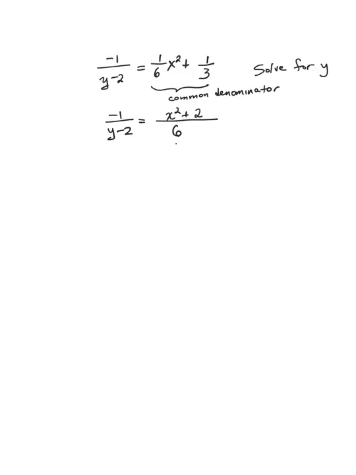So I get x squared plus 2 over 6. Now, there are shortcuts with proportion. We could cross multiply and divide, etc. But there's a property that says that if A over B equals C over D, then the reciprocals are the same. B over A equals D over C. So because I want to isolate the y minus 2, I'm going to rewrite this as y minus 2 over negative 1 equals 6 over x squared plus 2.